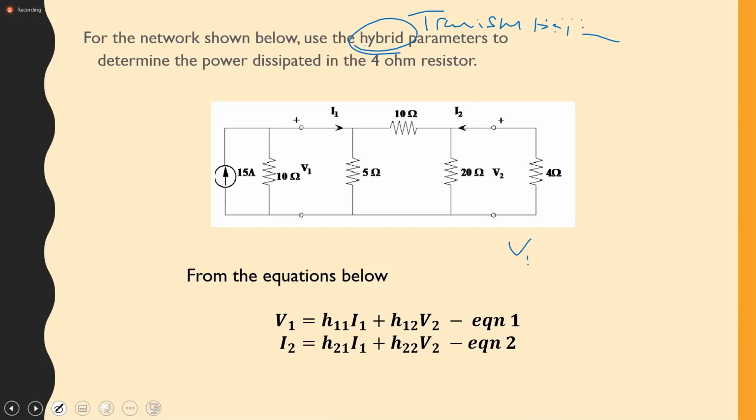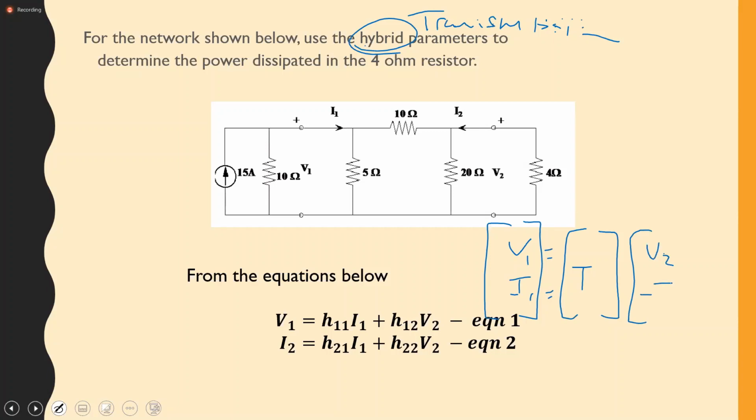So you know that V1, I1 is equal to T into V2, minus I2. Let's repeat that question for me.